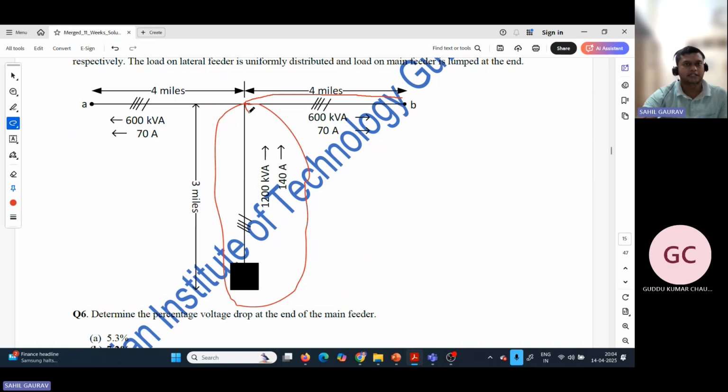Both laterals are identical. In the next part, you assume this lateral and you will get 10.3%; 10.2% is the answer.